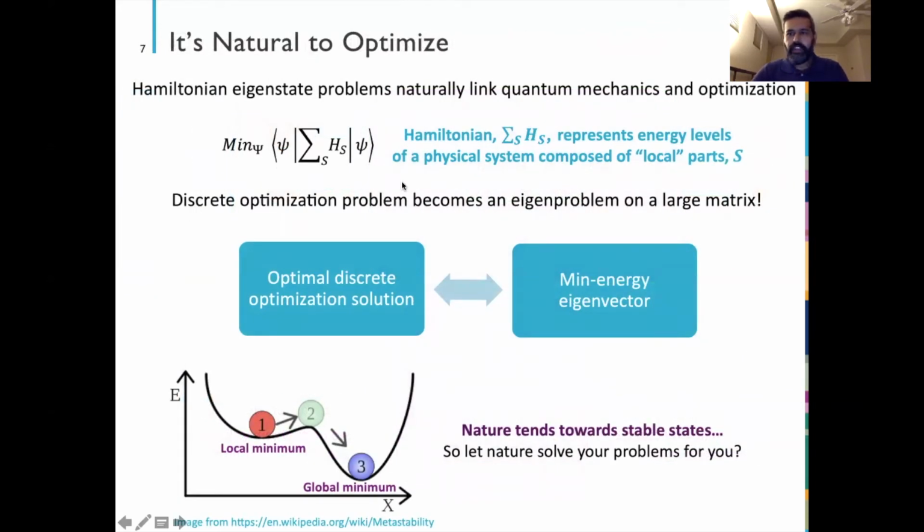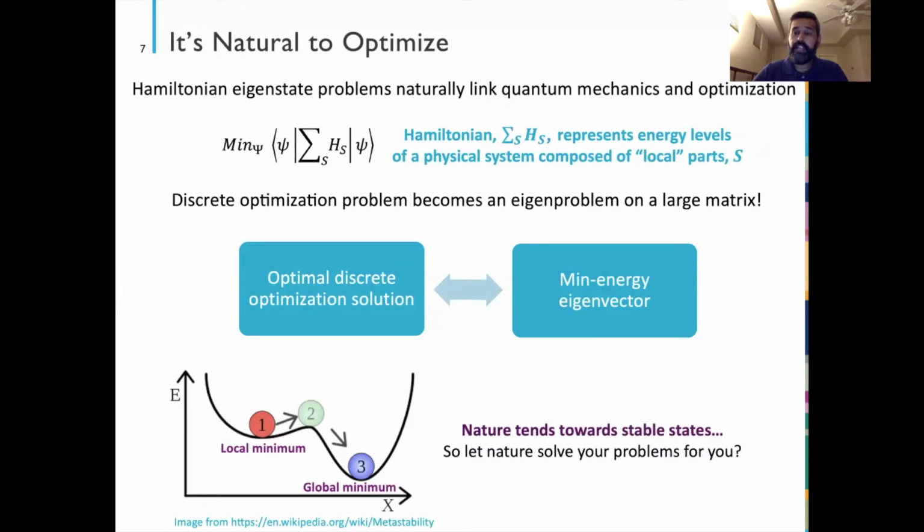So one very nice thing, that I was very excited to hear about when I first learned it, and I was oblivious to, is that there's a very natural link between how nature works and discrete optimization. It turns out that physical systems have energy levels, and you can represent this in what physicists call Hamiltonians, which is really just, think of it as an exponentially large matrix whose eigenvalues correspond to the different energy levels of a physical system.